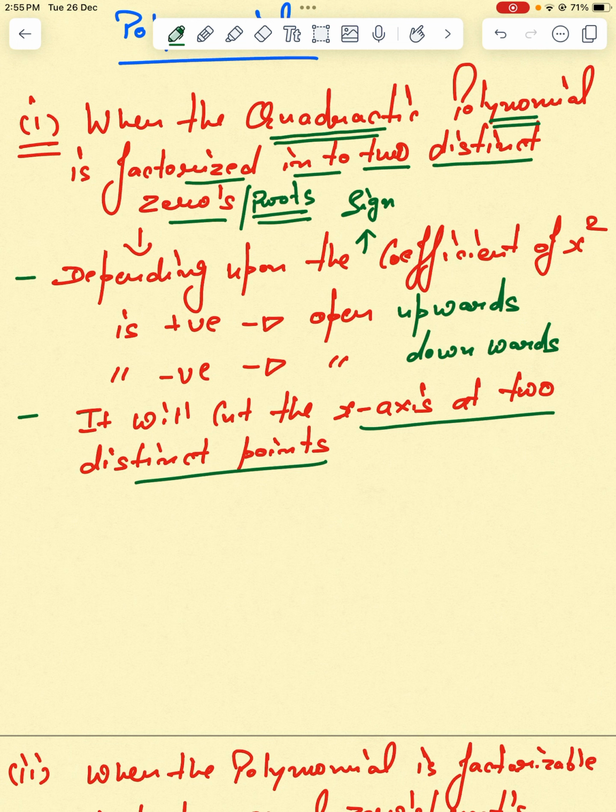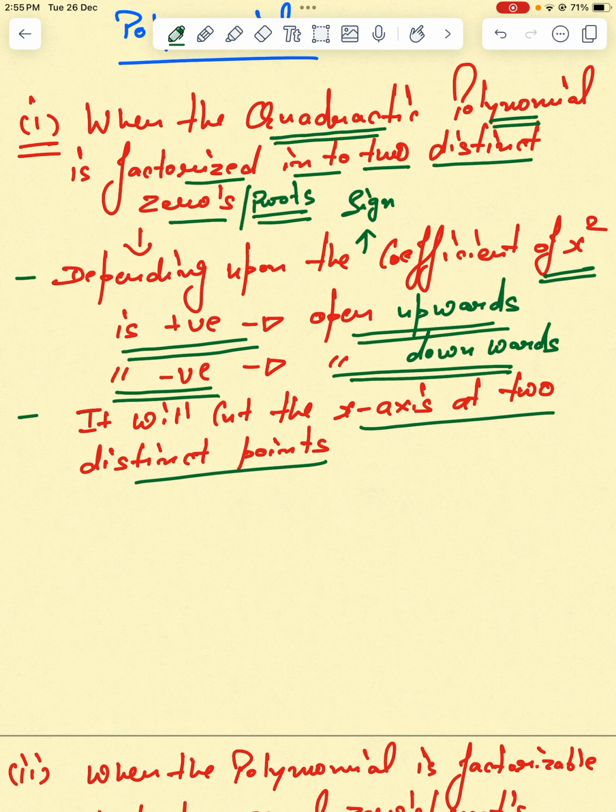So, for example, if the sign of the coefficient of x square is positive, then the parabola will open upwards. Similarly, if the sign of the coefficient of x square, that is a, is negative, then it will open downwards. So I will write the general equation of the quadratic polynomial, that is f of x is ax square plus bx plus c.